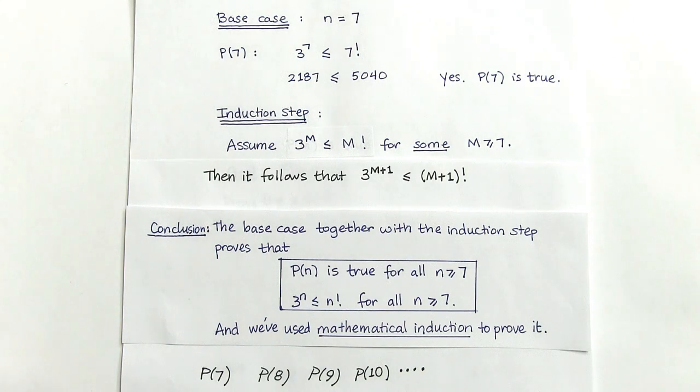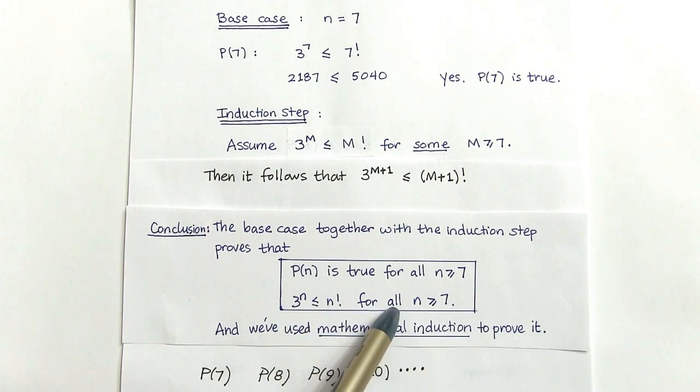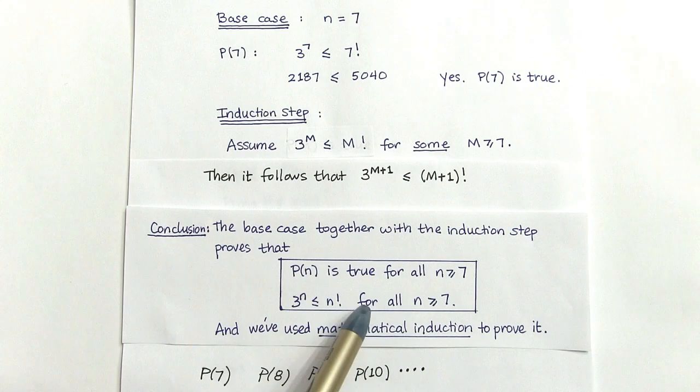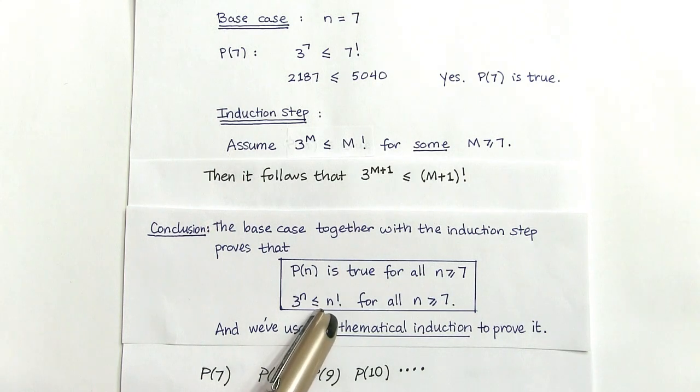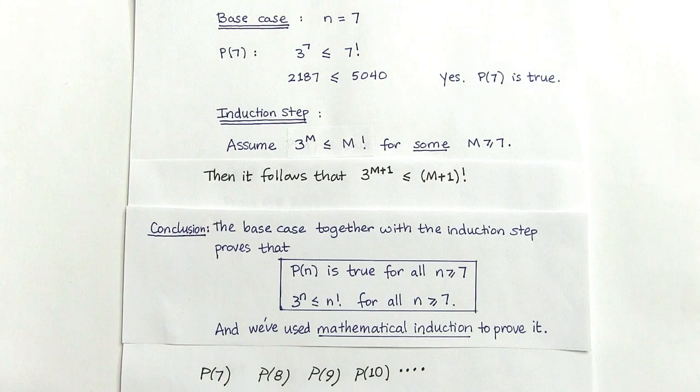So we've proved that this predicate is true for all n greater than or equal to 7, and not just for some n greater than or equal to 7. The n factorial function is indeed an extremely fast-growing function. It outpaces any exponential function. We had that n factorial is greater than 3 to the n.